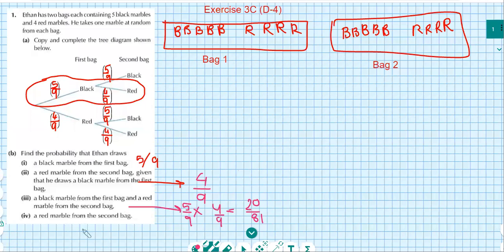Again, whatever we get from the first bag doesn't affect the probability of a red marble from the second bag. So its probability will be the number of reds, 4, divided by the total number of marbles in the second bag, 9. So this will be 4/9.